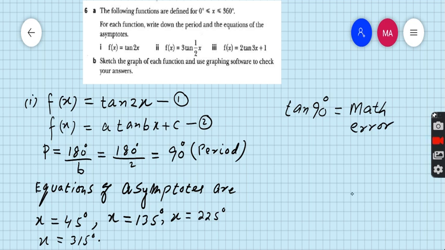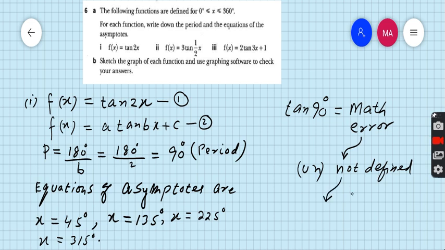Another meaning of Math Error is not defined, or you can say another word is undefined.